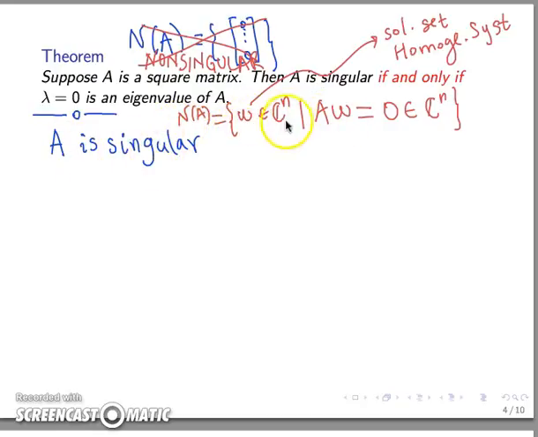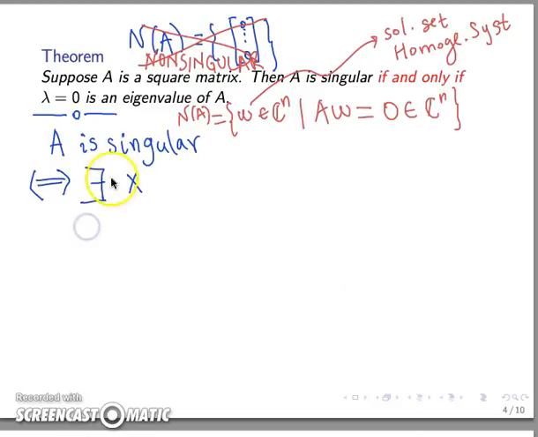It means that this solution set contains infinitely many such vectors, and that these vectors may include the trivial vector, but they also include other vectors that are not trivial. They're not vectors made of zeros in all entries. Some entries may be zeros, but not all of them. So that's what singularity is.